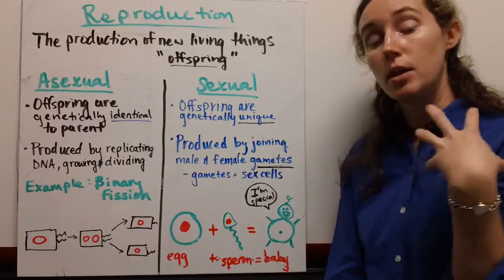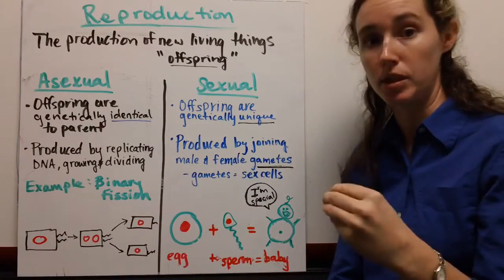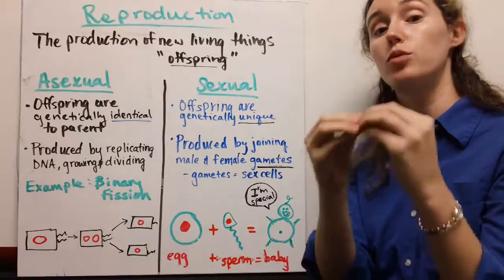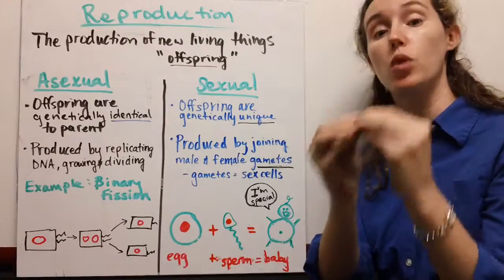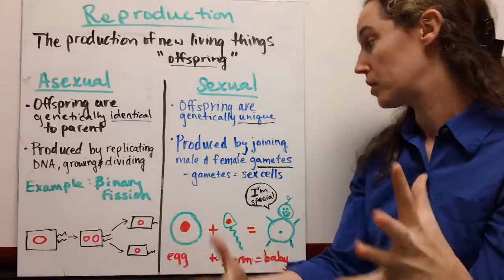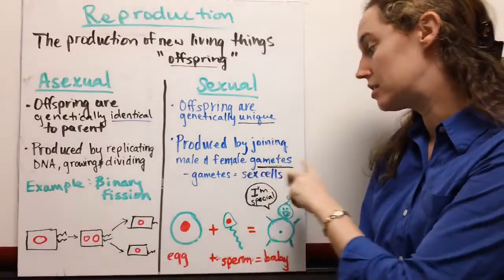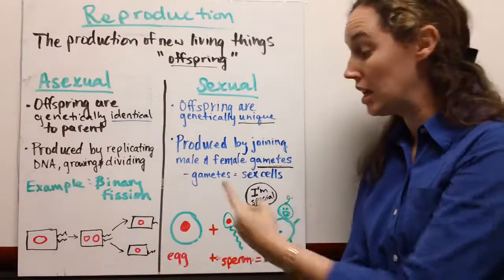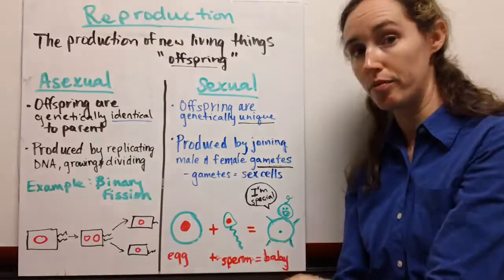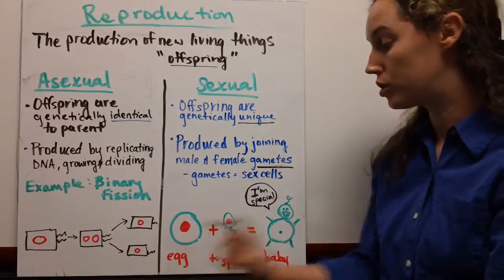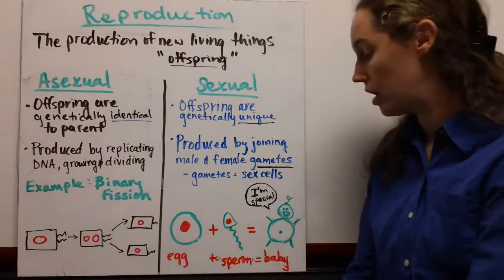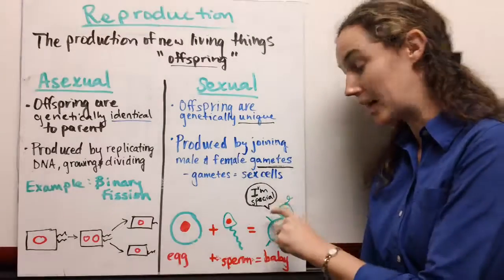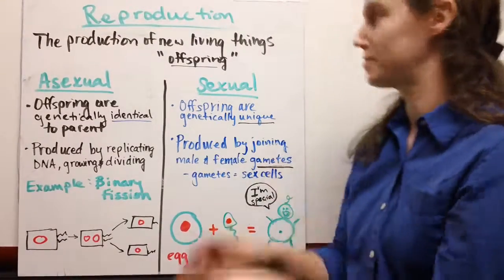And this happens by joining haploid gametes from 2 parents together to fertilize and form a genetically unique individual. So gametes are just a fancy word for sex cells, like egg and sperm. And so when you join those 2 gametes together, you're going to get a unique individual. That's why our little baby is like, I'm special.